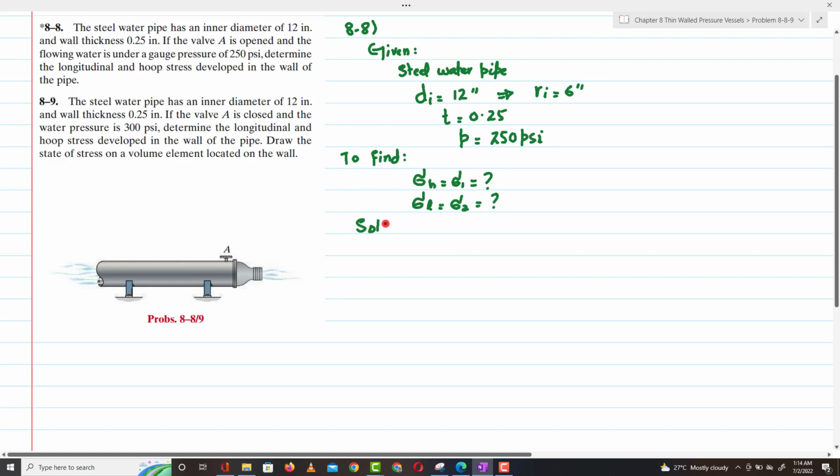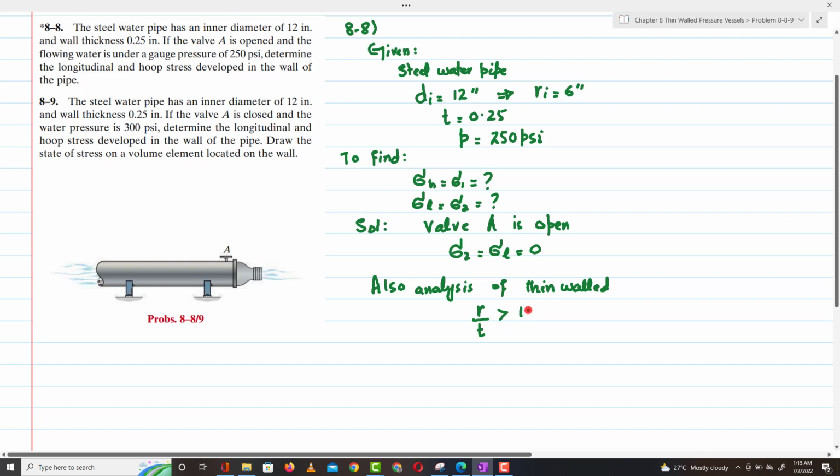So let's start with the solution. Also it is given that wall A is open, so in that case we can say that sigma 2, which is equal to sigma L, is equal to 0. Also, for analysis of thin wall pressure vessel, we can check whether this problem lies within thin wall or not by using the criteria R over T should be greater than 10.